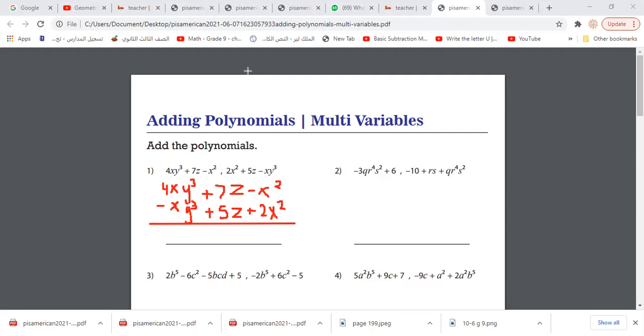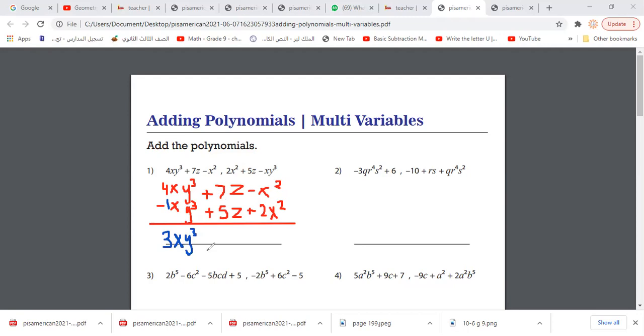Now you will start to add. In this one, I have negative x, which means negative 1. Then 4 minus 1, how many, grade 8? It will be 3. And you will drop down the variable. Don't touch the variable when adding and subtracting. So it will be 3y to the power of 3.